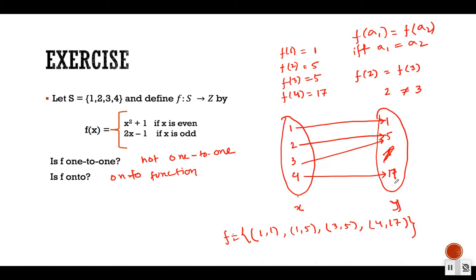Every output is possible in an onto function, because every output has an arrow from input X. So this one is an onto function.